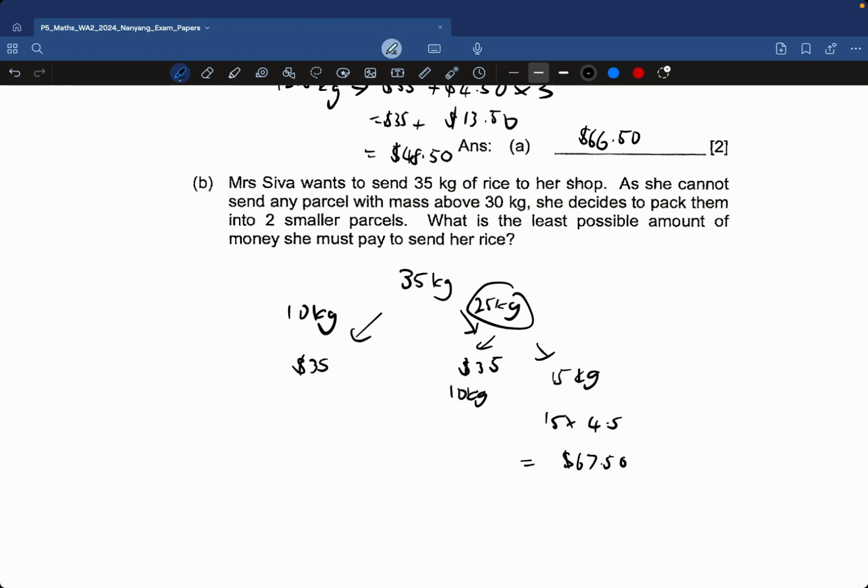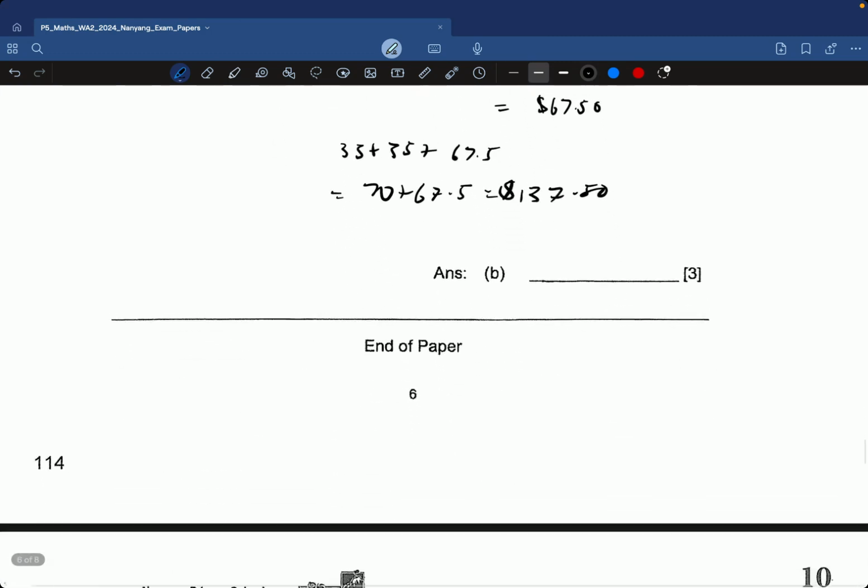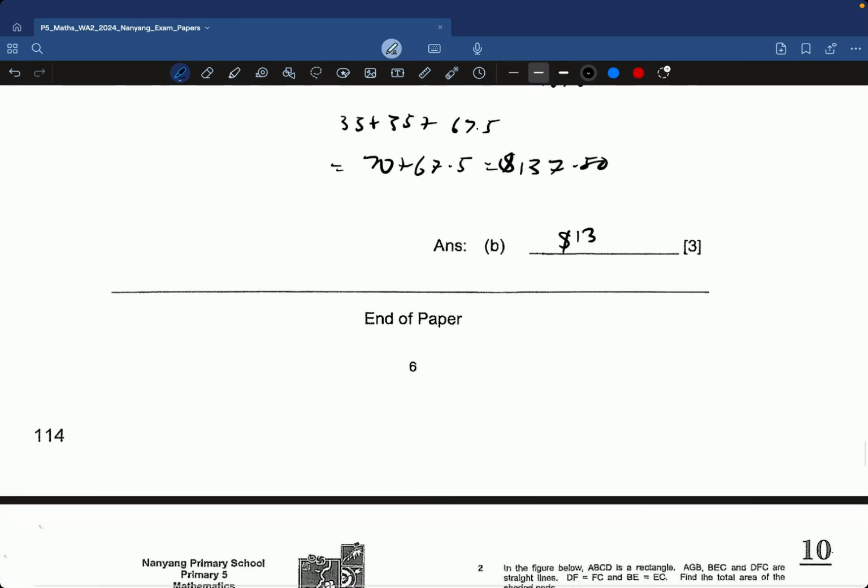So if we add all up, 35 plus 35 plus 67.5, so $70 plus 67.5, this will give us $137.50 in this case, right? $137.50. Okay. All right, and that's it for P5 Maths Weighted Assessment 2 for Nanyang 2024.